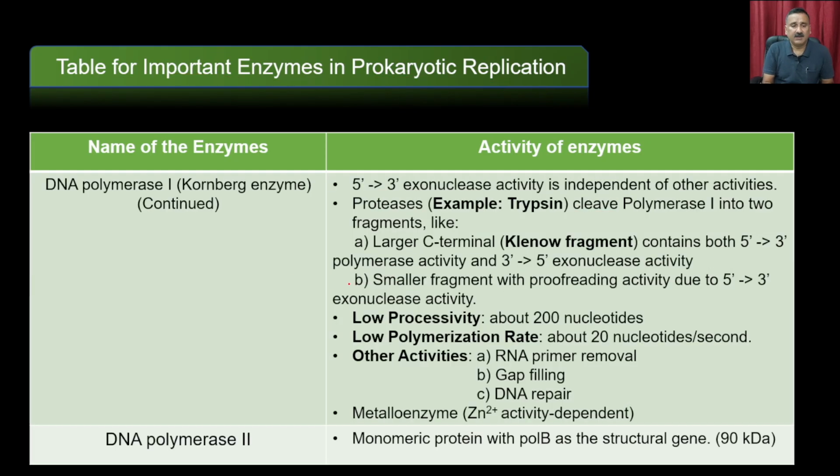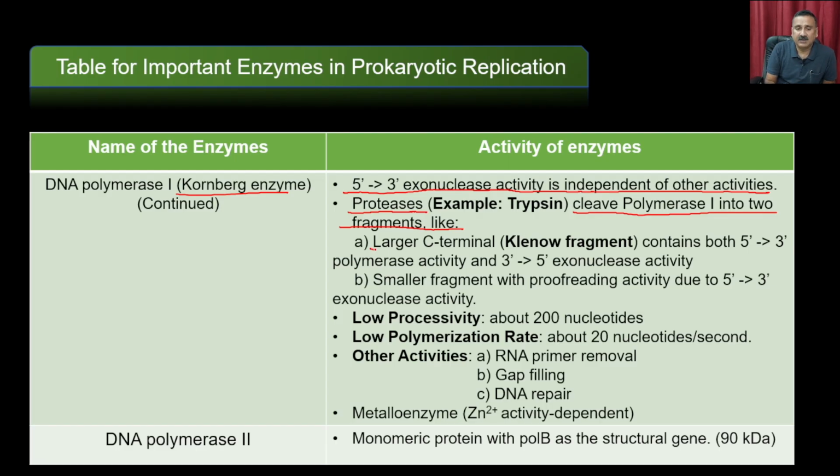DNA polymerase 1, or the Kornberg enzyme, has a 5 prime to 3 prime exonuclease activity that is independent of the other activities. Then we have the protease that cleaves polymerase 1 into two fragments, right. If you treat the DNA Pol 1 with a protease like trypsin, it is going to generate two distinct fragments.